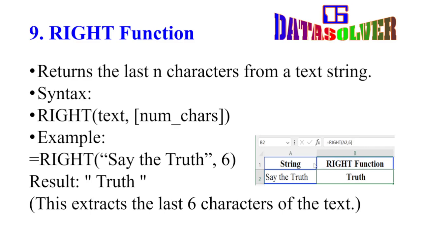So what we're trying to do is retrieve the 6 characters from the right, and if you count "truth", the character length is 5. Unfortunately, the computer doesn't work like that, because by merely looking at that you'll be wondering why it's showing "truth" and not an additional 4. There's a space that makes it 6. So even though you use 5, it's still going to show you "truth". So we go to our next function.